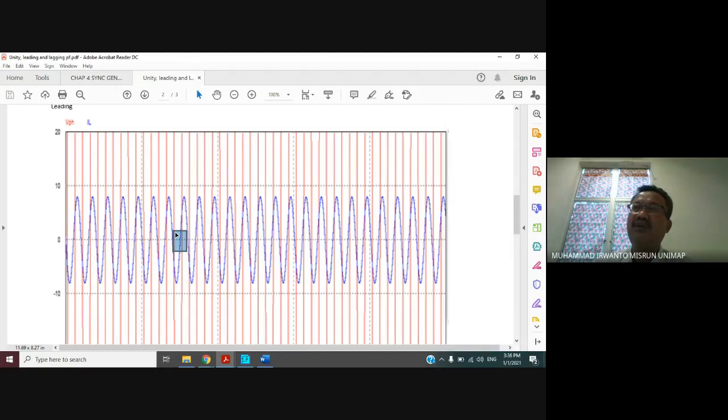Cos theta is the power factor, and after that you can find the angle.